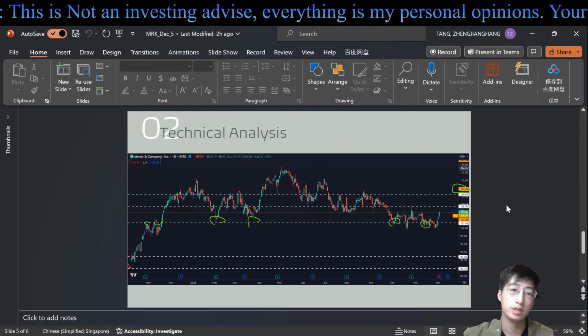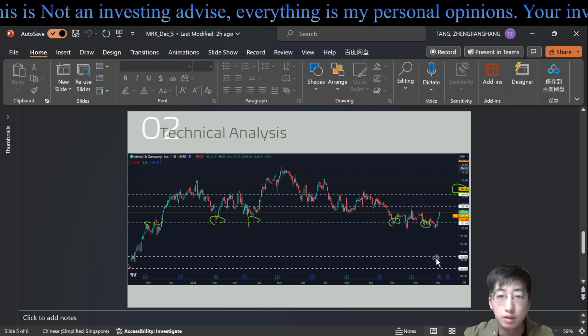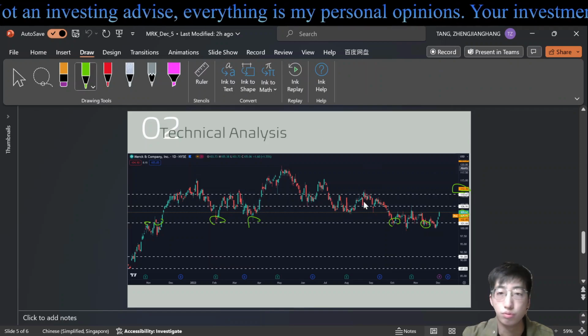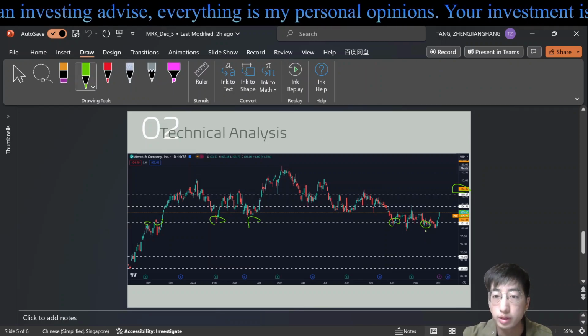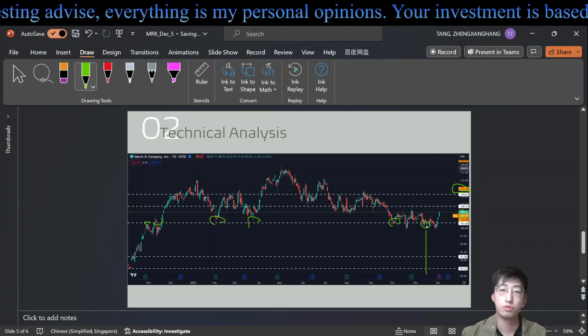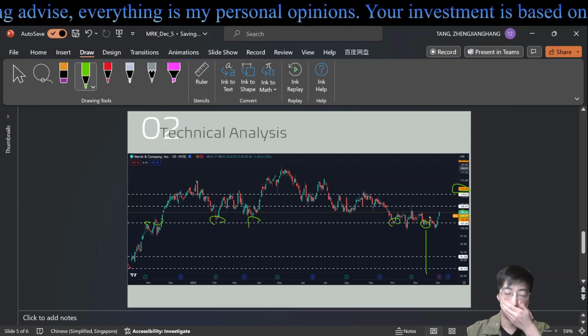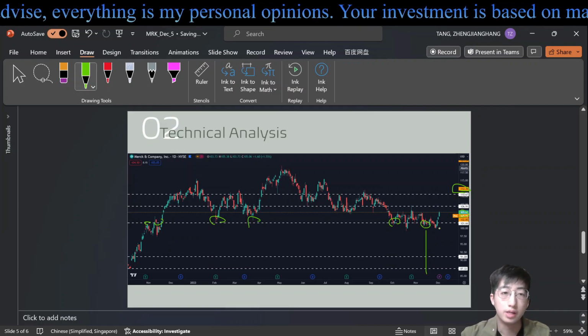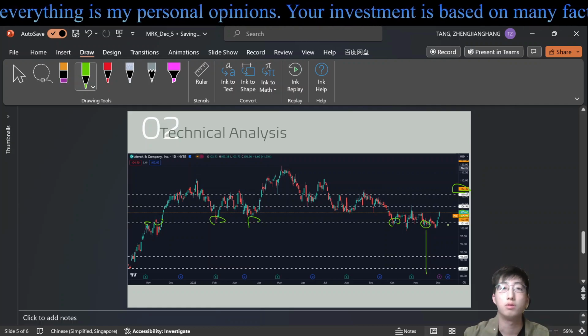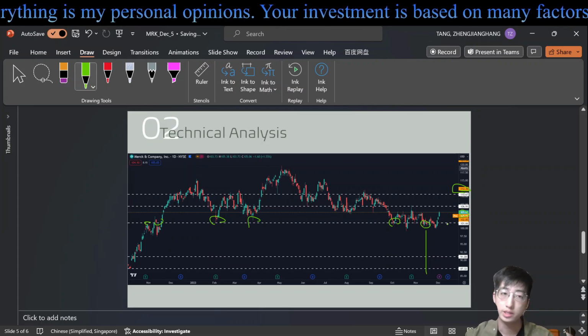From my technical analysis, when I decided to buy it, it was around the middle of November, around here. We can see that the price landed at this support resistance, or supply demand, or structure zone, whatever you like to call it.